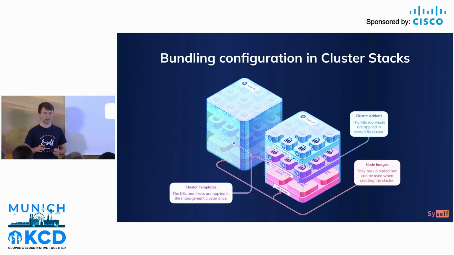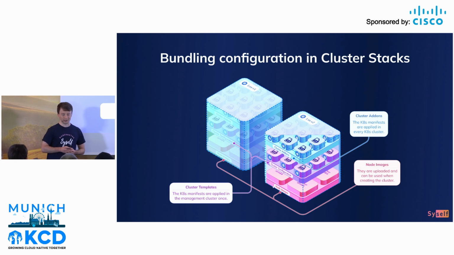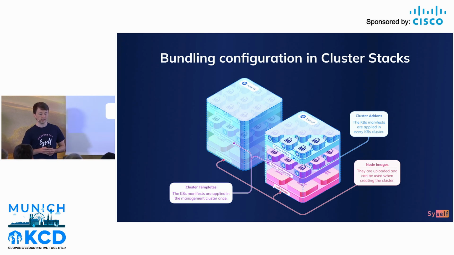The bottom one are the node images. I just mentioned why we need to think about them. The second one is the Kubernetes configuration. The Kubernetes configuration is pretty much everything that you usually do also with Cluster API. You know Cluster API, so you know that in core Cluster API, you have lots of YAML files that you need to configure and then also bring to your management cluster.